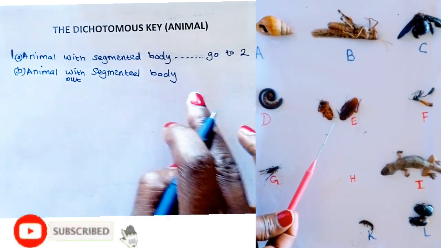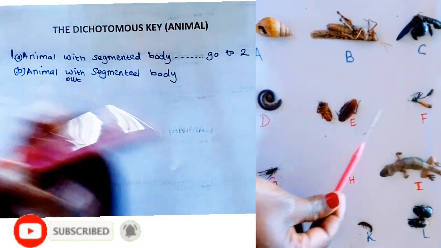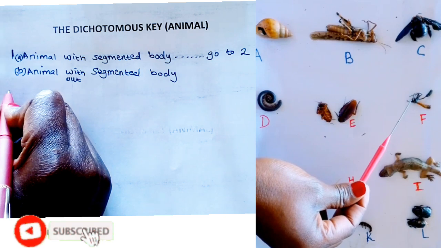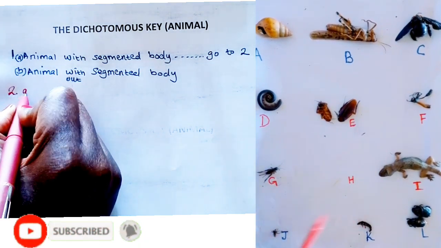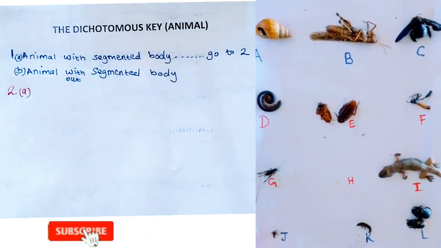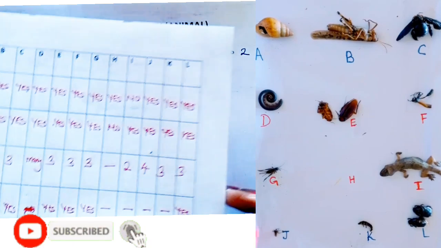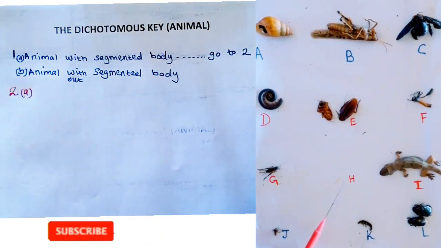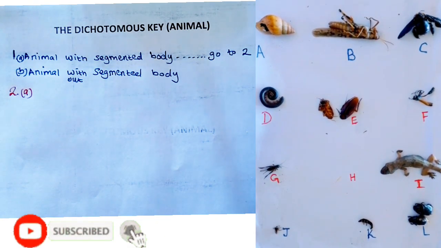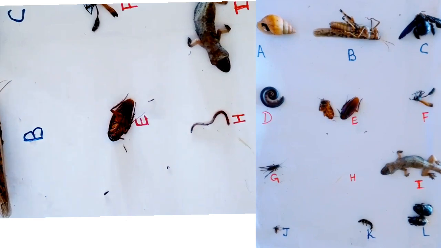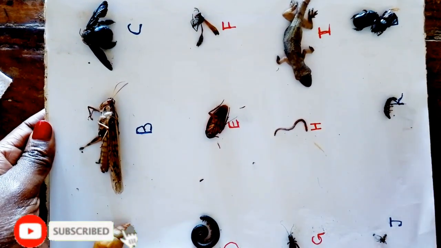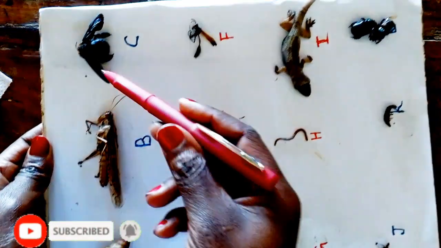That is now why we are going to 2. So let me use a different color, go to 2. This is our 2, part A. What other distinguishing characteristics will help us separate these organisms? Look at them. This has a segmented body. This one has.